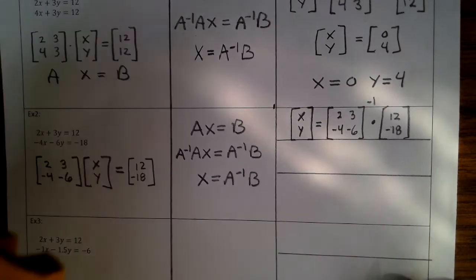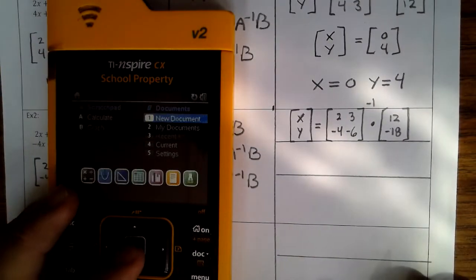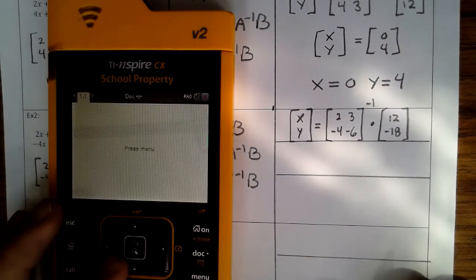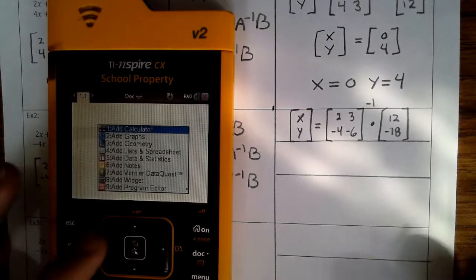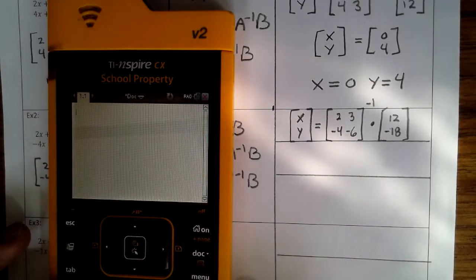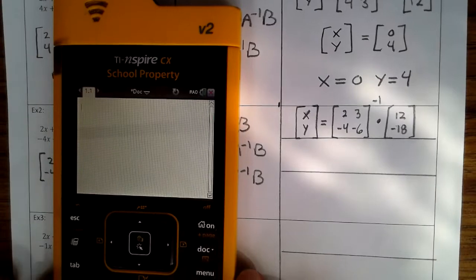So we're going to use our calculator. We're going to go to New Document, No, Add Calculator. And let's see if I can brighten the screen up a little bit. It's about as bright as we're going to get, I guess.